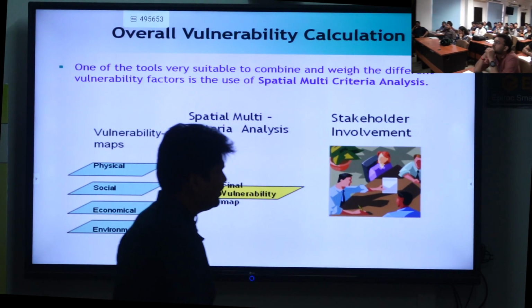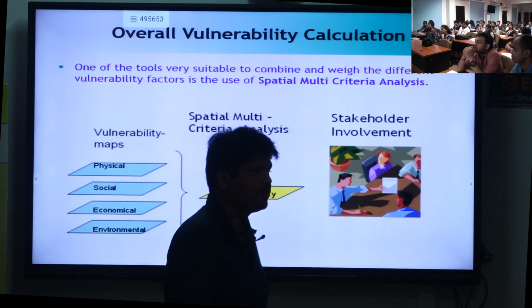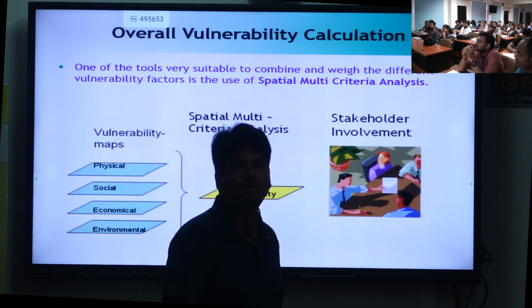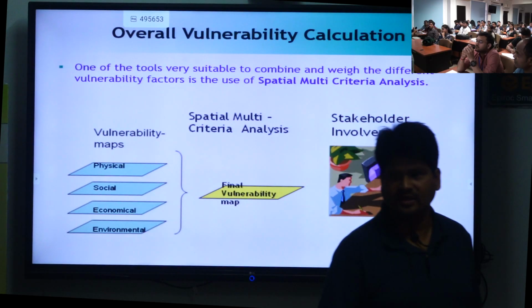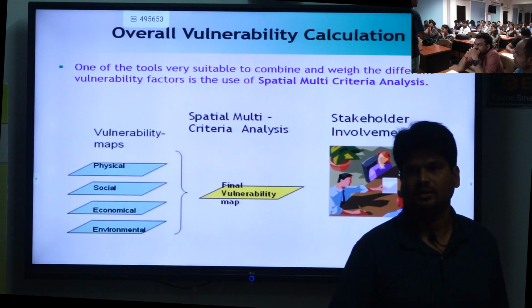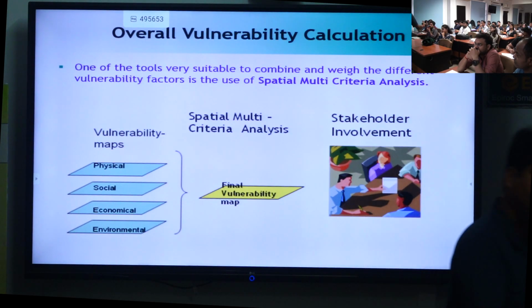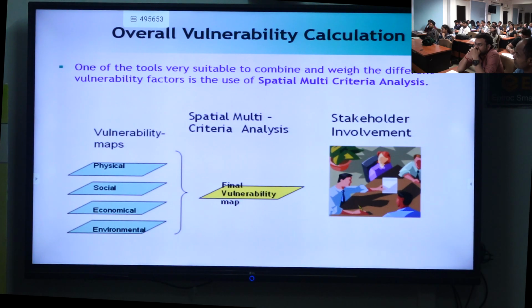And obviously, remember, vulnerability always depends on the stakeholder involvement, community involvement. What you feel sitting in your office and assigning some values doesn't matter. It's all about the community input also, which is very important. They are knowledge, they are information, they are feedback. Okay.